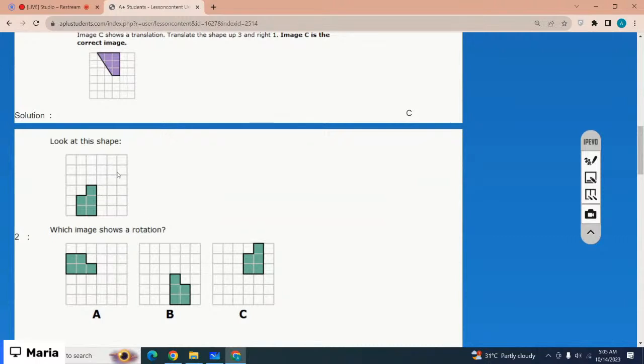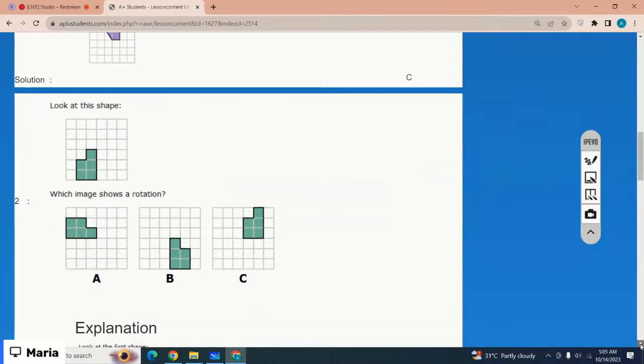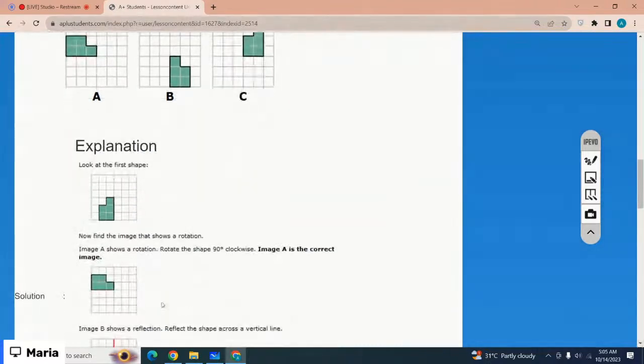I think A is the rotation. Hold on. Yes, now find the image that shows a rotation. Image A shows a rotation. Rotate the shape 90-degree clockwise. Because the shape is rotated 90-degree clockwise, image A is the correct one.